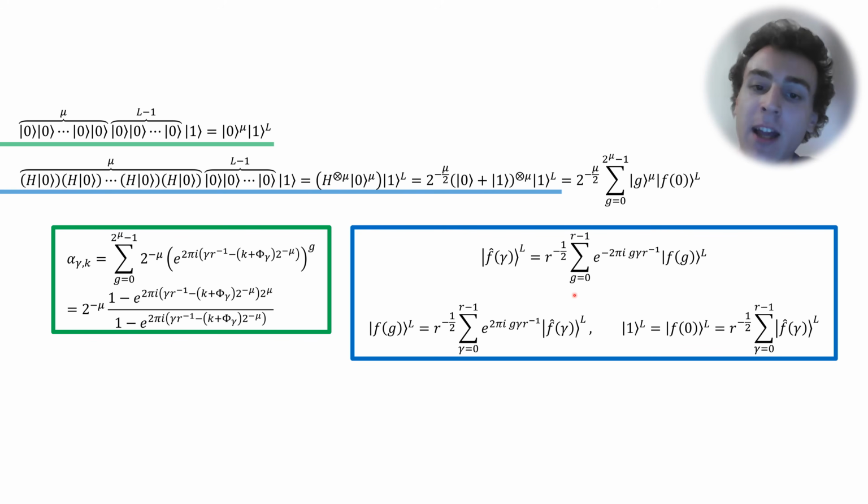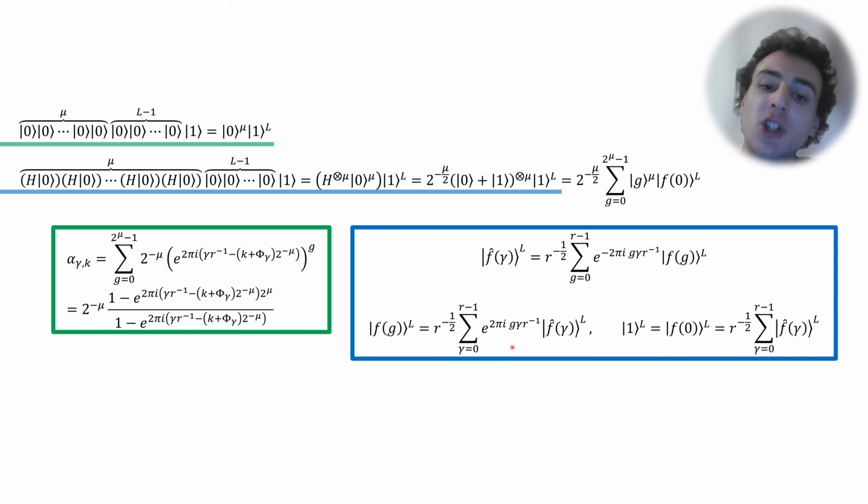Now let's re-express this equation in terms of these f of g states. If we do that, then we're going to have to switch the label of this sum. So we're going to have to switch the index that we're using. So instead of g, we're going to use gamma. And we're also going to have to take the complex conjugate of those complex exponentials. So now we're going to have e to the plus 2 pi i g gamma times r to the minus 1.